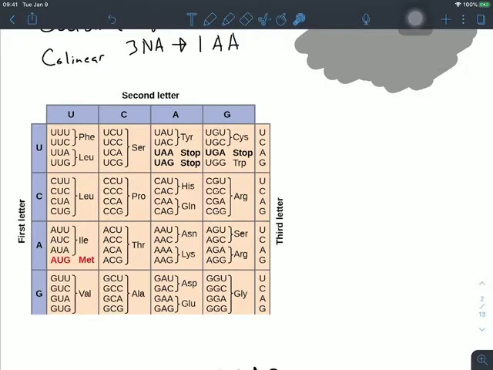So for example, if you had first letter U, second letter U, third letter U, you would code for the amino acid PHE, or phenylalanine. Now this is going to be important when we revisit mutations, so I do want to introduce you to it here, but we'll spend some more time working on this later.